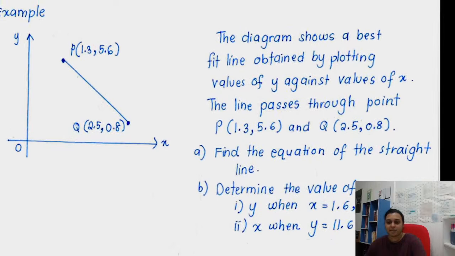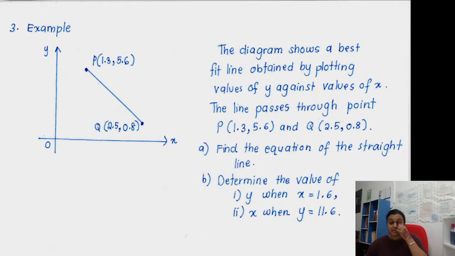Okay, look at the graph here. Soalan. They already draw for you the graph. Sudah lukis. So all you need to do is make sure use the information daripada graph. Okay. Here, the diagram shows a best fit line obtained by plotting values of y against values of x.